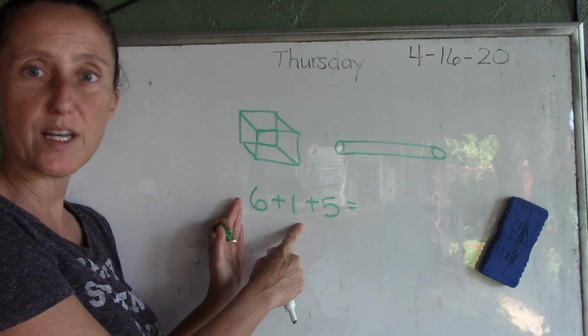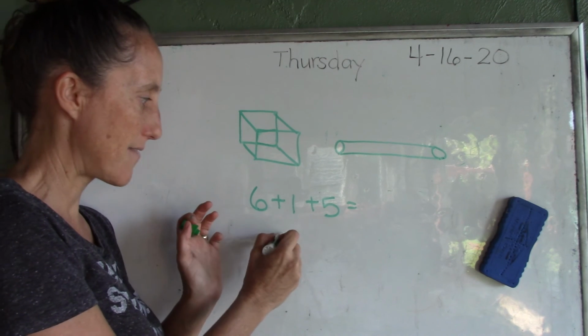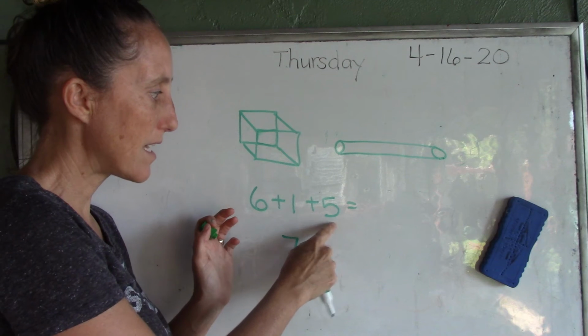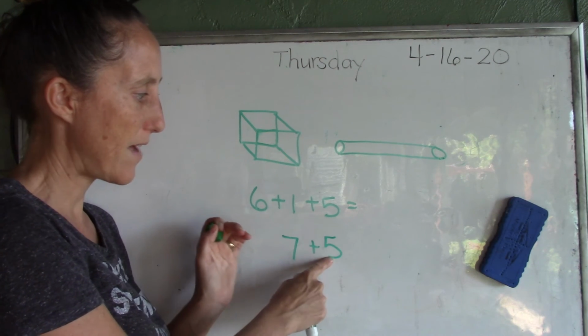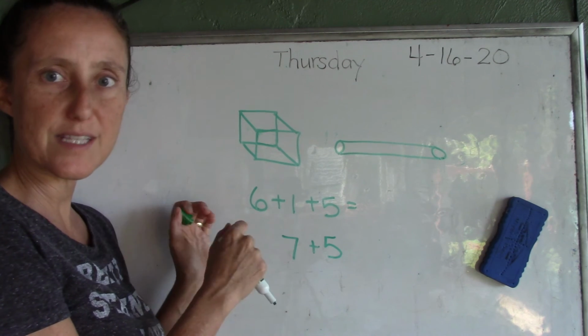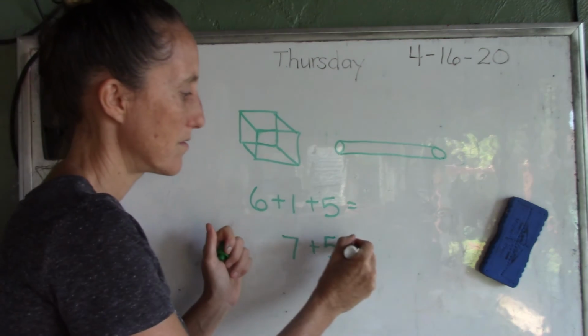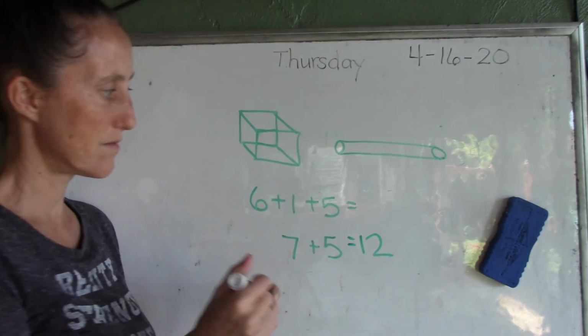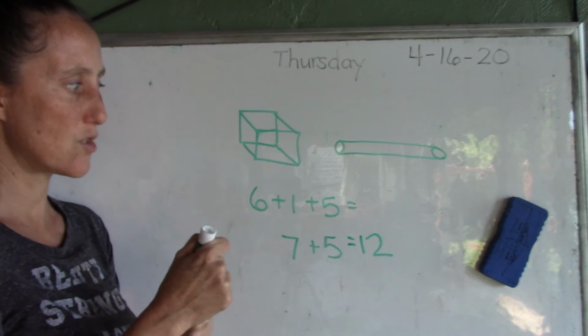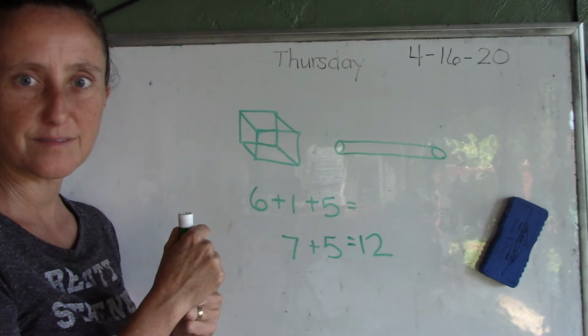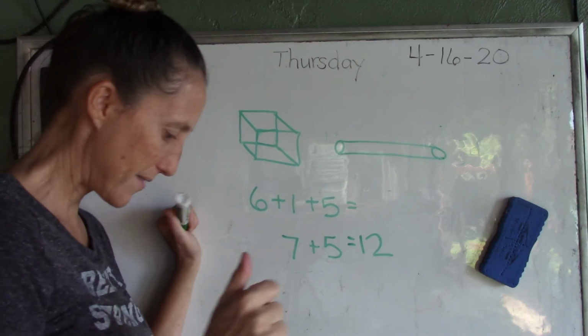What's 6 plus 1? Right, 7. Plus, you have to add this much more, 5. So what's 7 plus 5? 7, 8, 9, 10, 11, 12. So 7 plus 5 is 12. Good job.